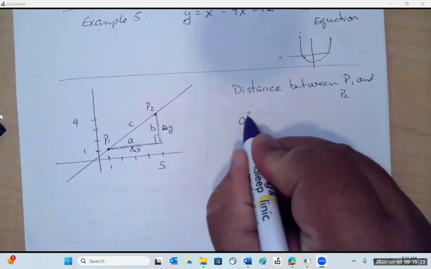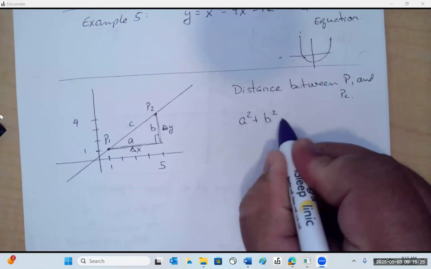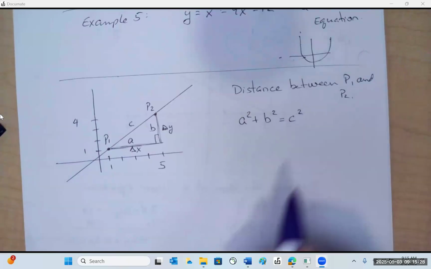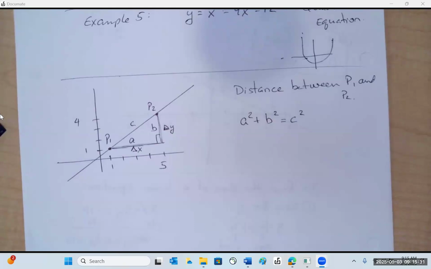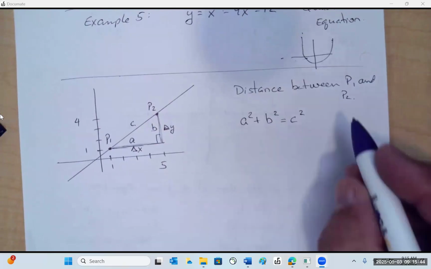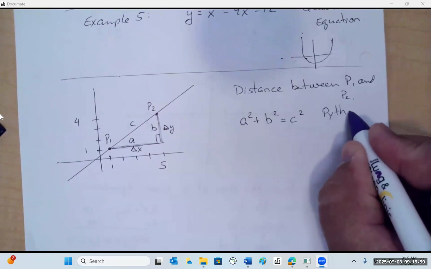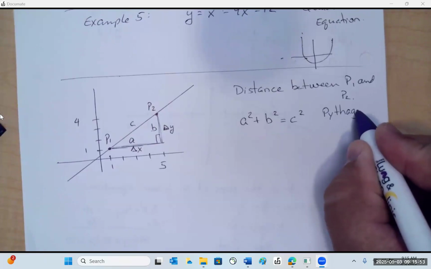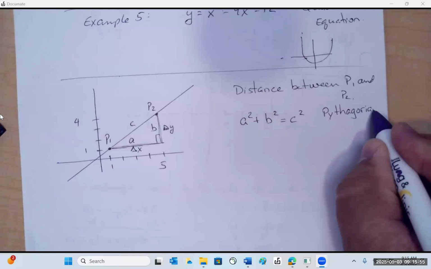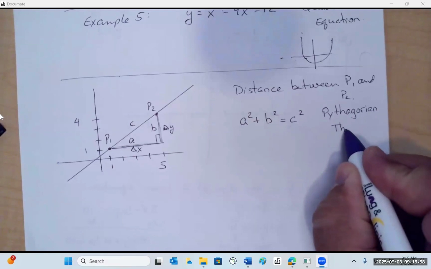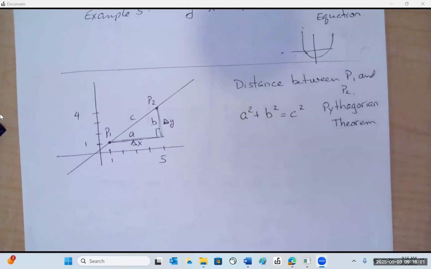Yes. A squared plus B squared equals C squared. What's that formula called? The Pythagorean theorem.